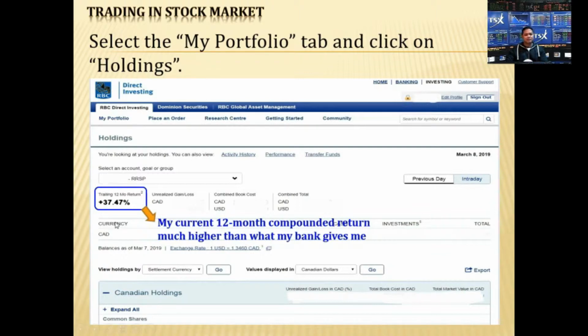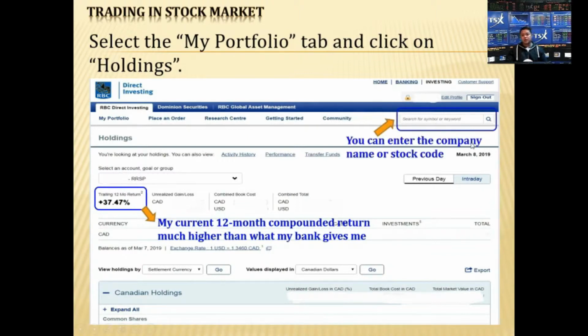That's why, as I've said, there's so much potential to gain huge profit in the stock market as long as you're doing your assignment, you're studying the stock first, you're analyzing it, you're always up to date to what's going on in the business world.